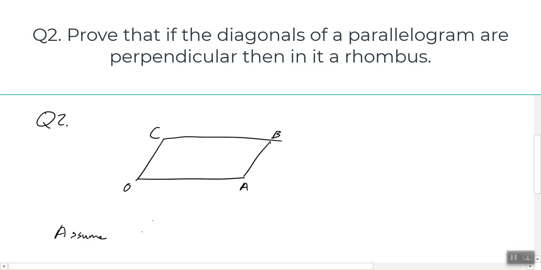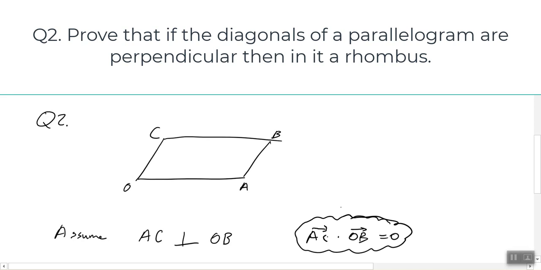So you assume AC is perpendicular to OB. So the dot product of those two should equal 0. This is what you're trying to get towards. So again, you make the sides equal to A and C lowercase, those vectors.